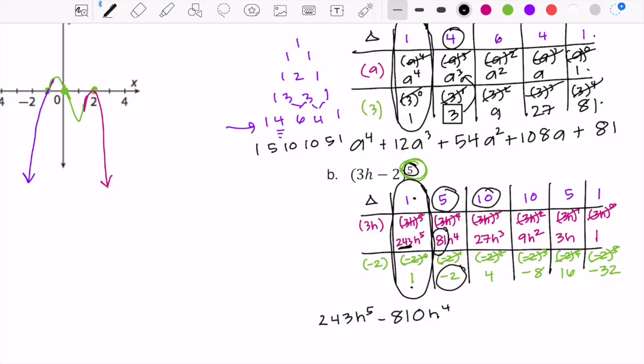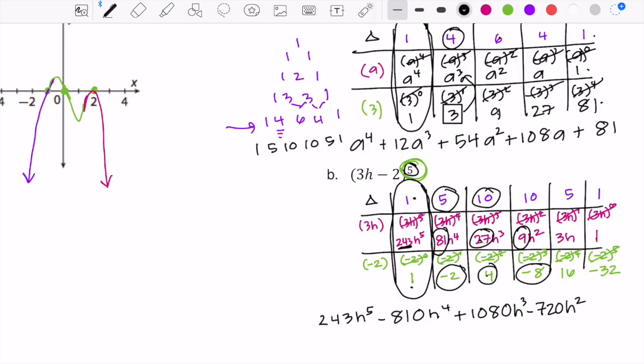And then I have 10 and 27 and 4. 4 times 27 is 108. So that's going to be 1080 when I multiply it by the 10, and then h cubed. And then this one I have -8 times 9 is -72, and then times 10, so -720h squared.